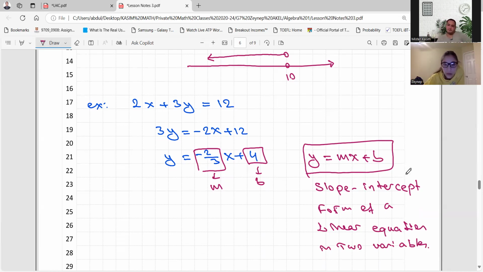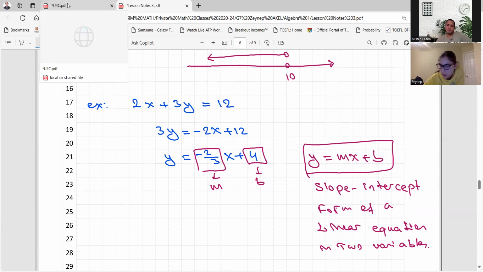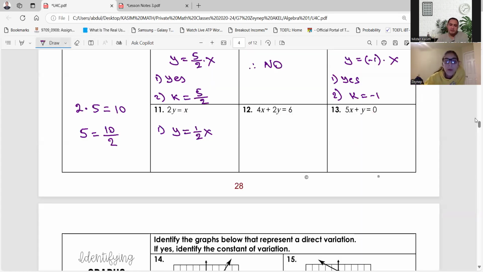Okay, Zeynep. Now if we get back to the question, here we have 4x plus 2y, right? How can I do that? First, move 4x to the right-hand side, because you know the methods to solve equations. Solving an equation means isolating a variable.